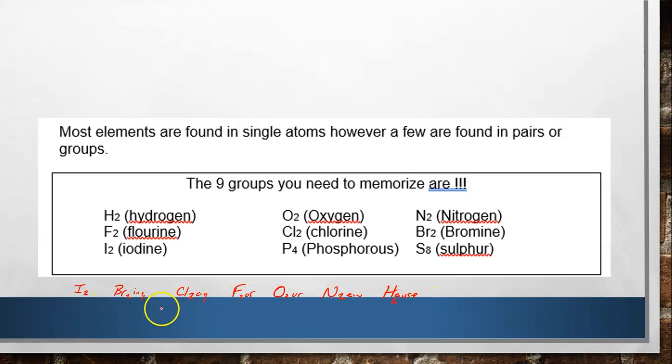And those are all our twos. I bring clay for our new house with 4 paving stones and 8 steps. Just a little anagram to kind of remember that by.